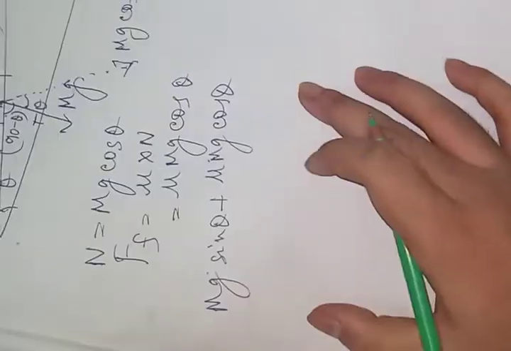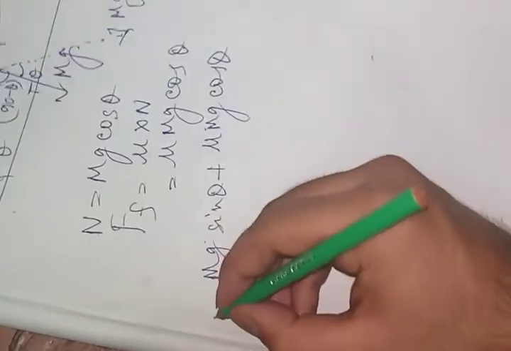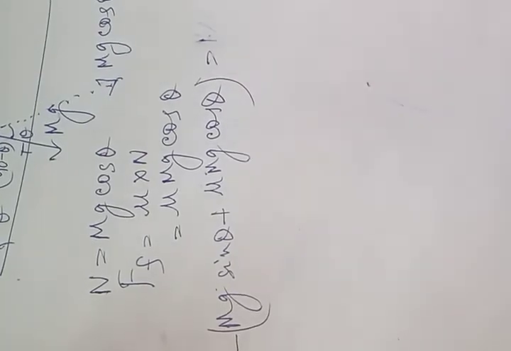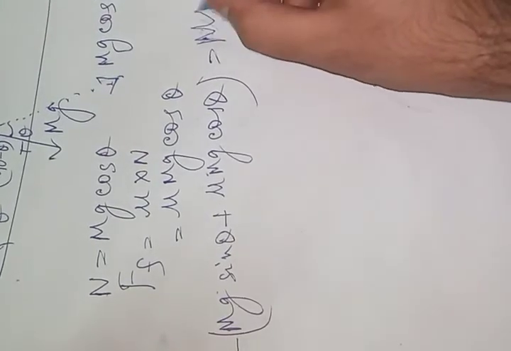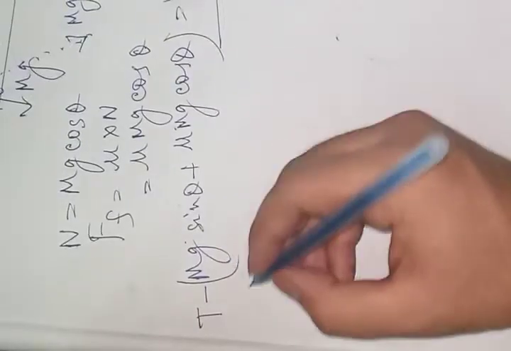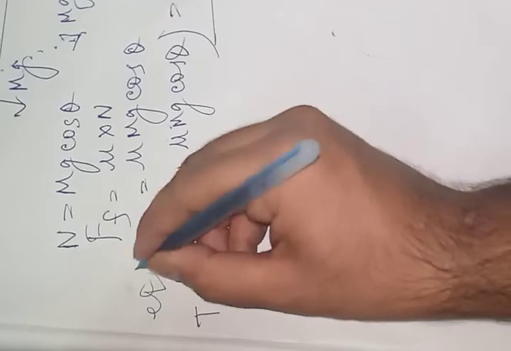This is the net force in this direction, and this is going upwards, so it is T minus this, equal to mass into acceleration. This is the equation for M. Right guys, hope you're understanding this.